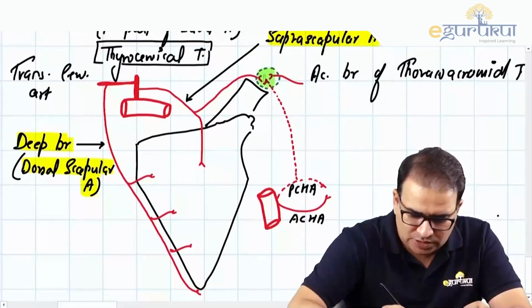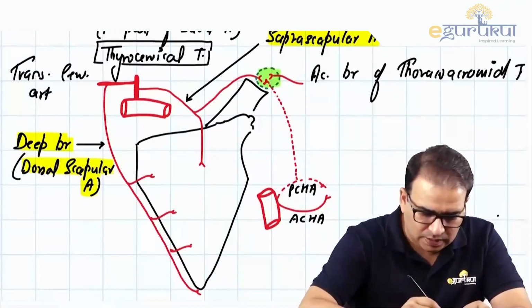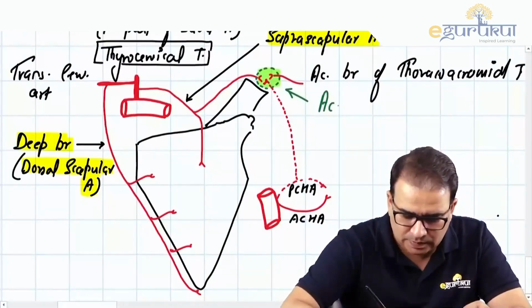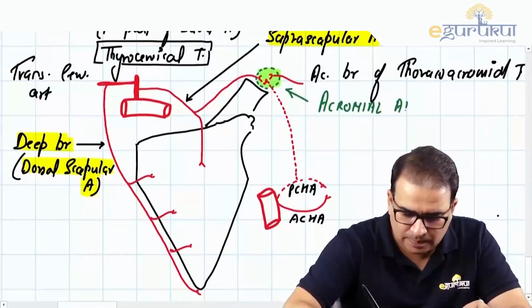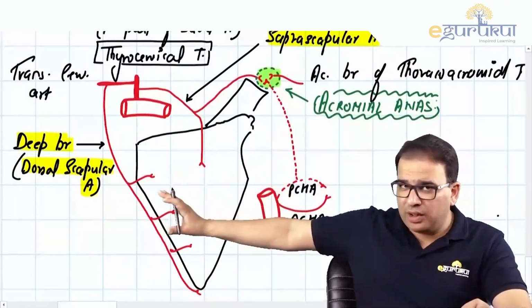And this anastomosis here, which is taking place at the acromion process, is called an acromial anastomosis. This anastomosis, guys, is called the acromial anastomosis. That is an acromial anastomosis. So when we talk about the scapular anastomosis, there is one anastomosis which will be taking place at the body.